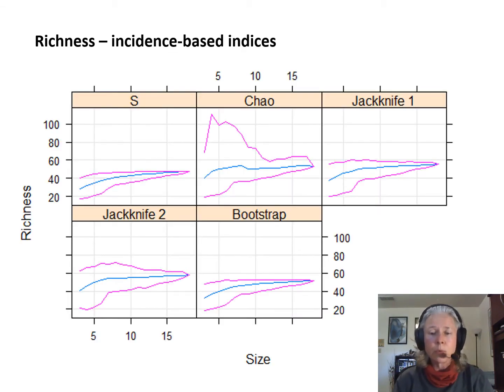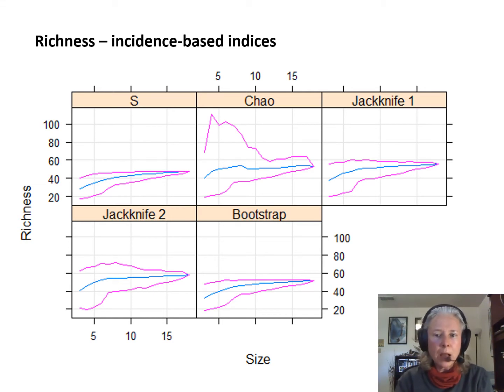So, for example, these plots are for the 5 columns of output for the specpool function from vegan. In other words, your recorded S, the Chao2, Jackknife 1 and 2, and Bootstrap, with 95% confidence intervals that are based on sample size, in other words, the number of sites that are sampled, because these are incidence-based.